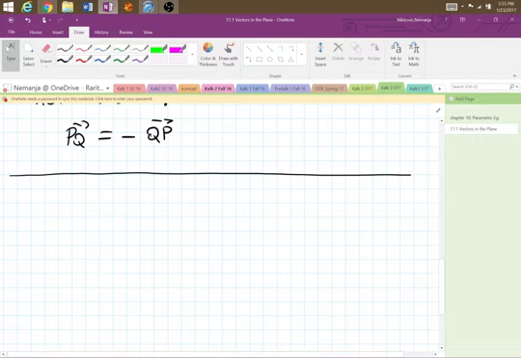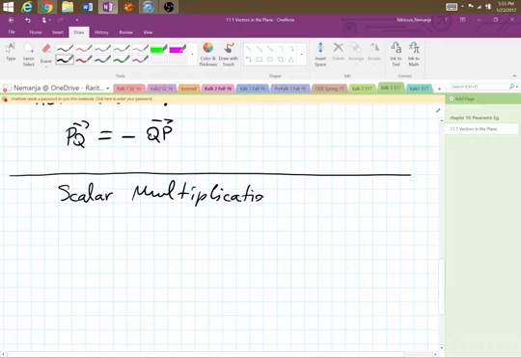So now, what can we do with vectors? We can change the size of the vector without changing the angle of the vector by simply multiplying that vector through by a constant.